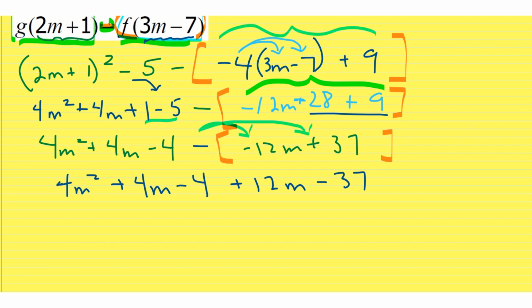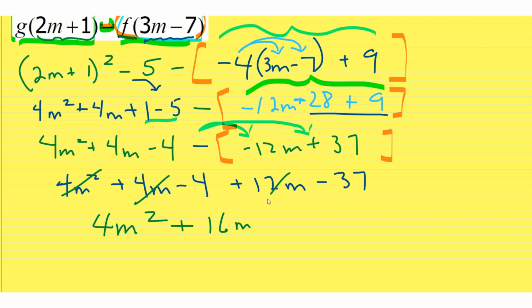Okay, now at this point I just continue using order of operations to combine my like terms. I only have a 4m squared. I do not have any other 4m squareds, so I will just bring it down, 4m squared. So that one is taken care of. Now I've got a 4m and a 12m, so when I combine those, that is going to be 16m.